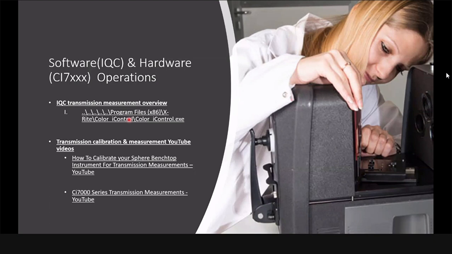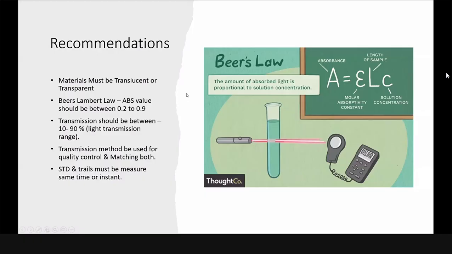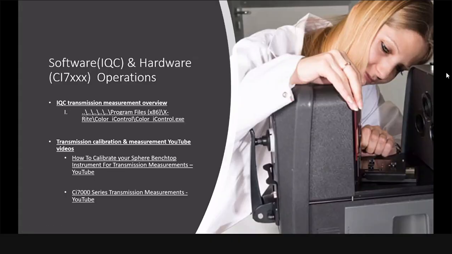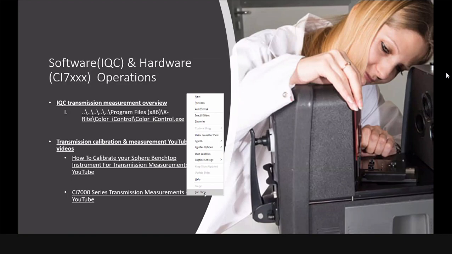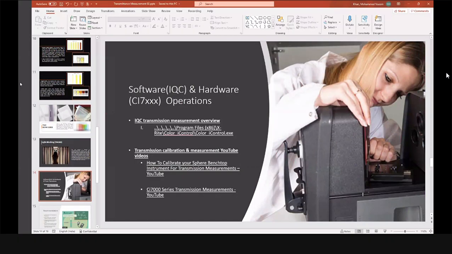Maybe we can do some correlation, or ask for further assistance regarding this transmission measurement using a spectrophotometer device. I think it will be best that they move into a more sophisticated, scientific measurement that will include the color of the shade of the tints and the density of the tints. Thank you for asking that question. We will take note of that. Thank you.